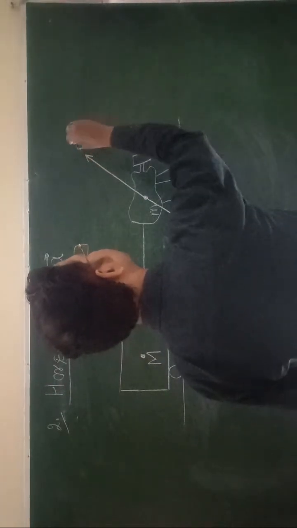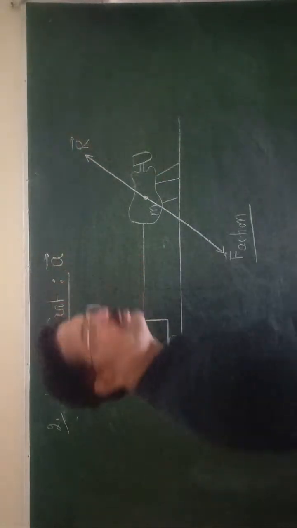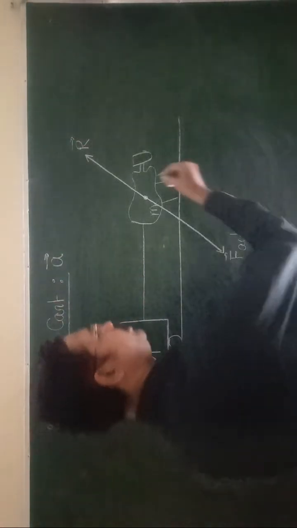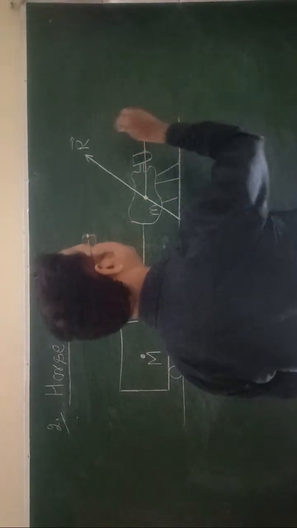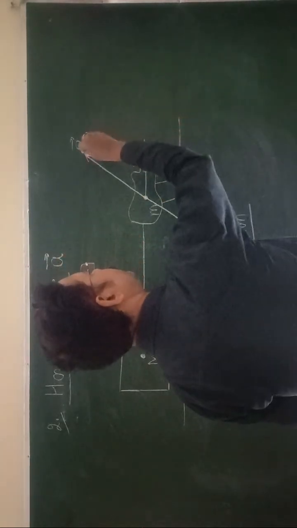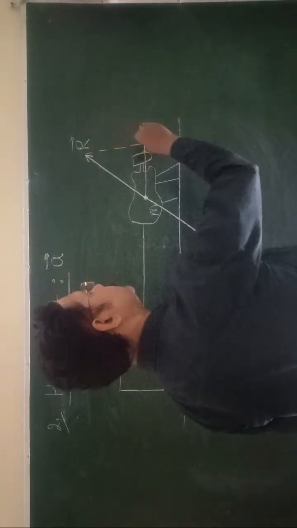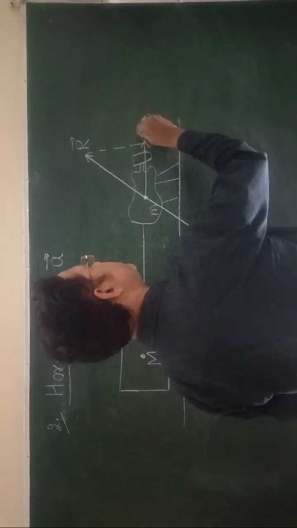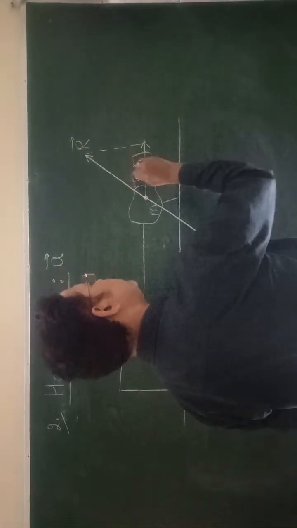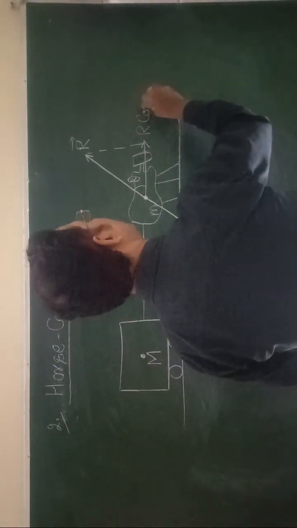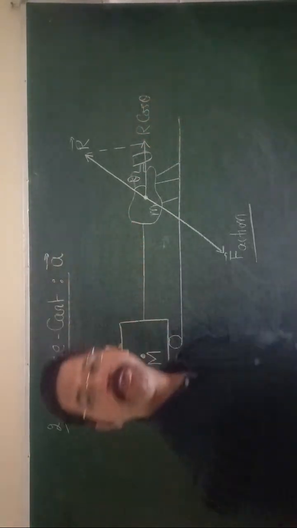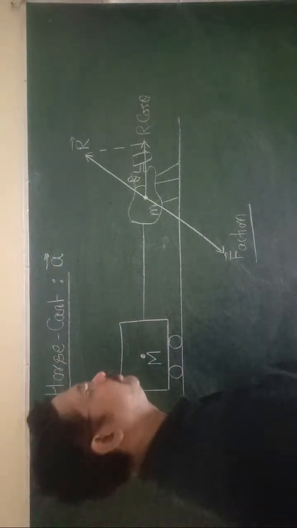Force of reaction, making how much angle from the horizontal. From this R, angle is what? Making theta. This is R cos theta in the horizontal direction.